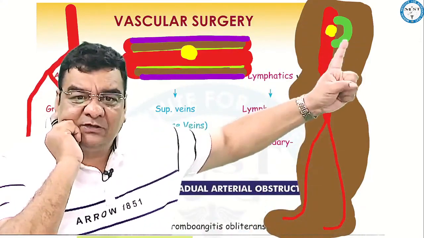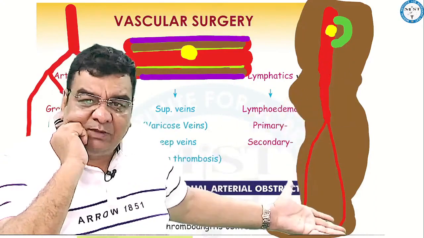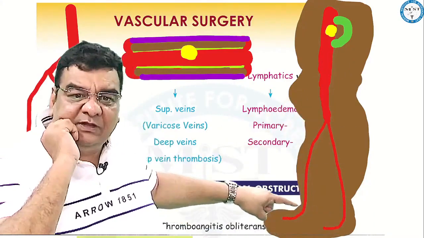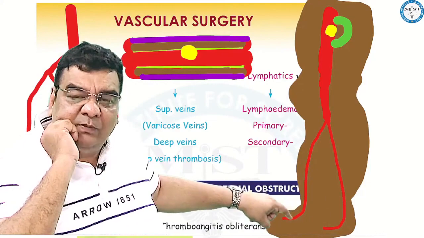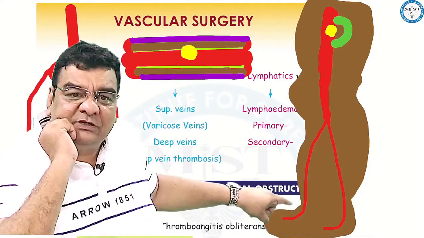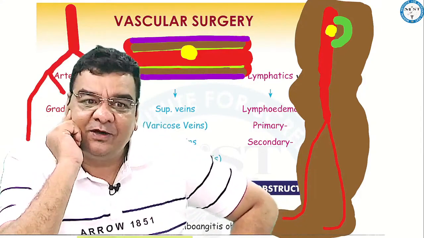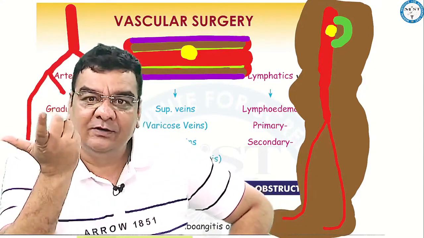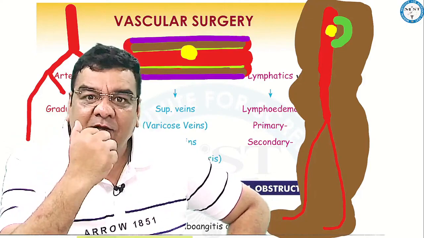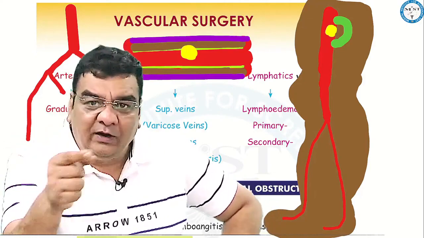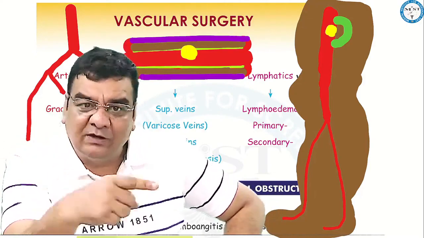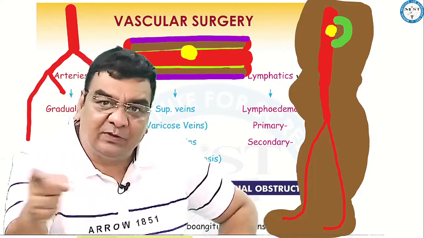And if this bypass is not able to meet the increased demand, then when you examine, these pulses will be absent or these pulses will disappear. This is called a disappearing pulse. Magic happened. Earlier the pulse was being felt. Initially you were able to feel the pulse. Now you ask the patient to exercise or walk in the hospital corridor.